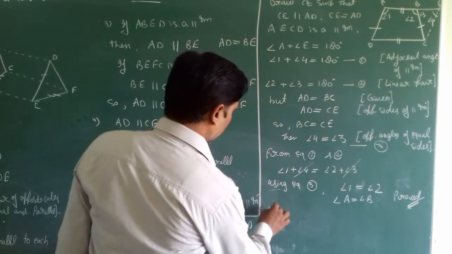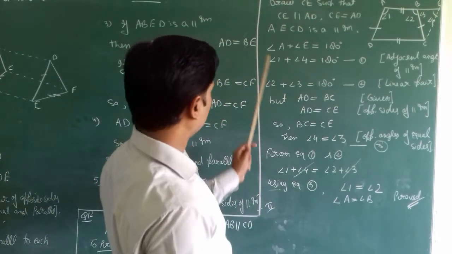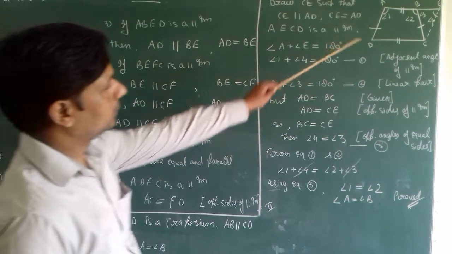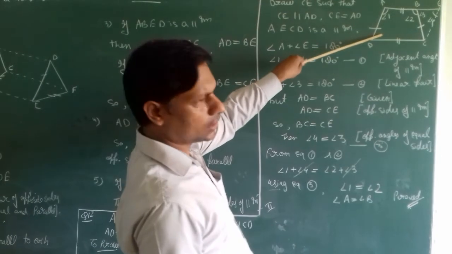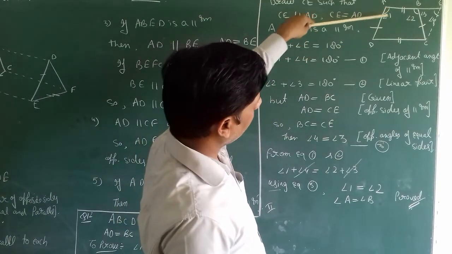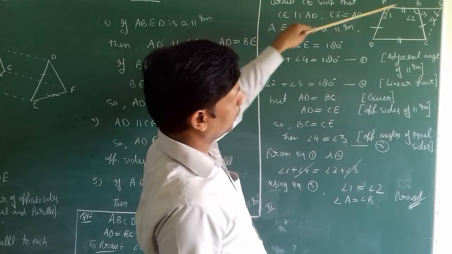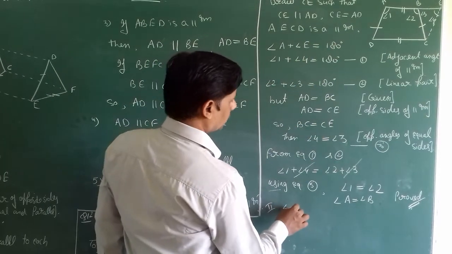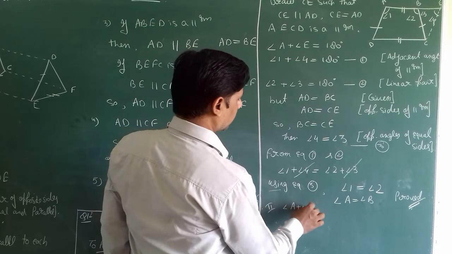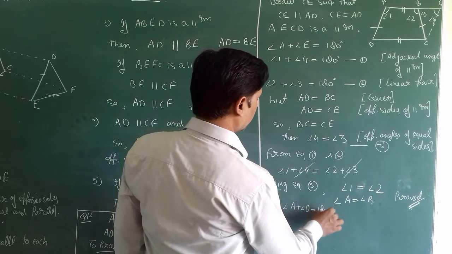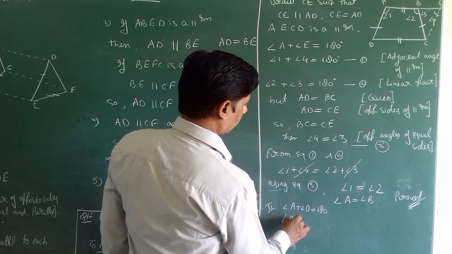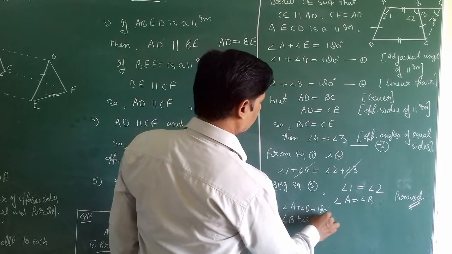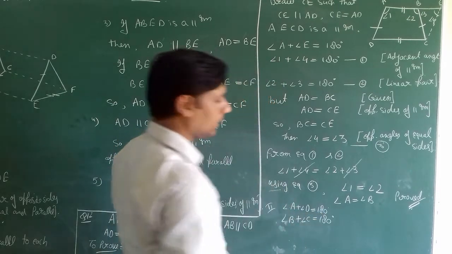So the second part is angle C is equal to angle D. This angle is equal to this. Students, we have angle A plus D is equal to 180, B plus C is equal to 180. We have angle A plus angle D is equal to 180 degrees. Angle B plus angle C also is equal to 180 degrees.